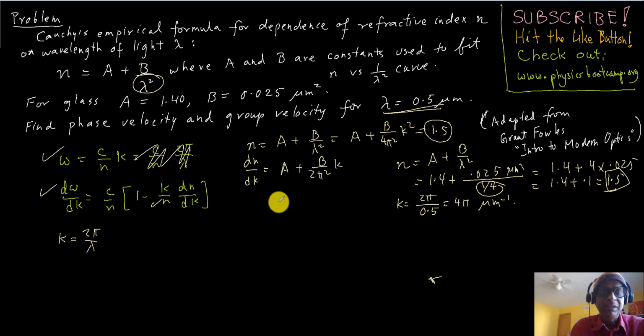Okay, dn over dk. The A goes away, that's wrong, it's just a constant. So dn over dk is going to be B, 0.025, and k is 4 pi, over 2 pi square.